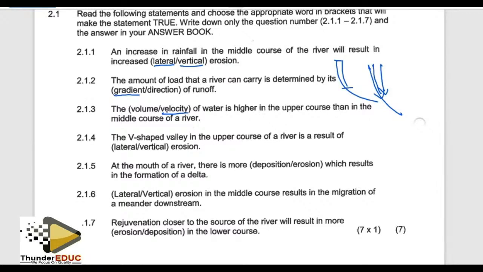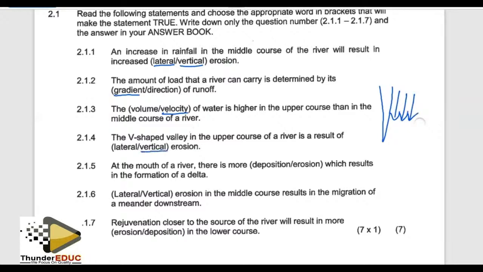2.1.4, the V-shaped valley in the upper course of a river is a result of vertical erosion, because when they say the V-shape, they are referring to this. See, and this is caused when the river is eroding, going downwards. When it goes vertically downwards, it is going to result in the V shape.